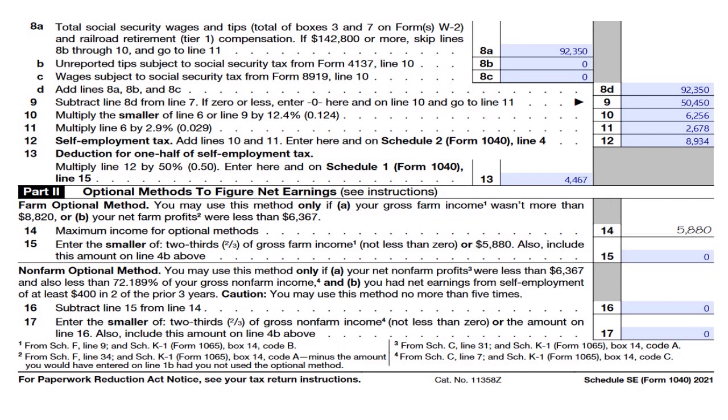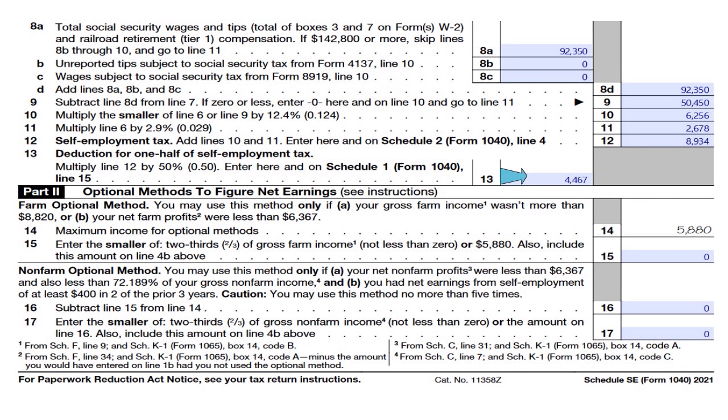And now the deduction for 1/2 of self-employment tax, you have to put it on Schedule 1, Form 1040, amounts to basically 1/2 of this amount, 1/2 of 8,934. So you multiply the 8,934 times 50%. So that's the deduction for self-employment tax. You have to put this on Schedule 1, Form 1040.